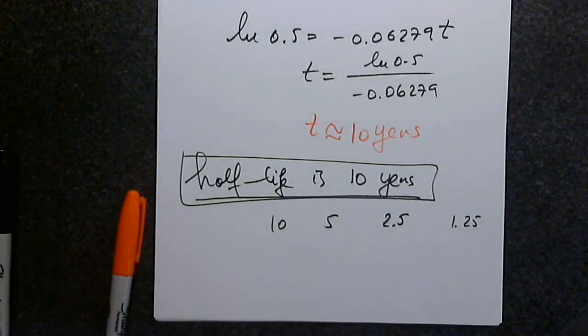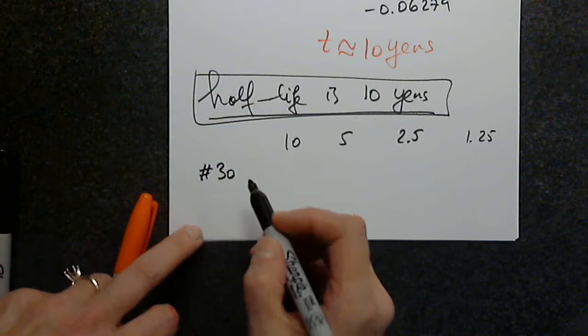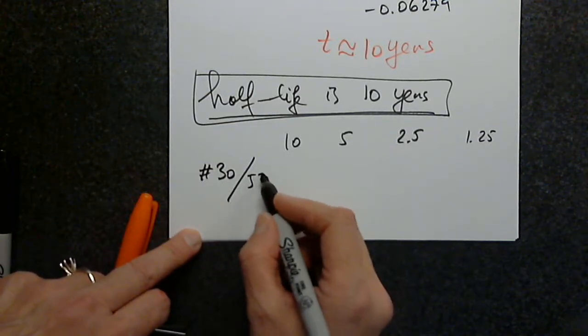If we have 100 milligrams of a radioactive substance that has half-life 2 years, in 2 years we have 50. In 2 more years we have 25, and so on. Okay, good. We are ready for problem 30. That's the meaning of half-life. 30 on page 530.